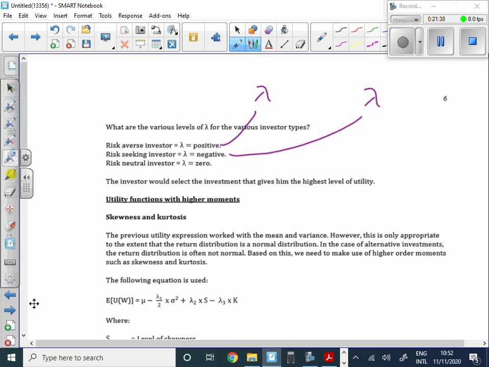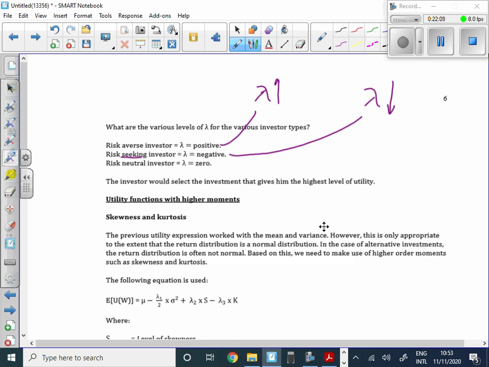You may well think it would be the opposite, that a risk seeking investor should have a higher lambda. Not the case. He's got a lower lambda, which is his risk aversion factor. The risk averse investor's risk aversion factor is higher. He doesn't like risk. He's very averse to risk. That's what we call the lambda, the risk aversion factor. So just try and keep that in mind.